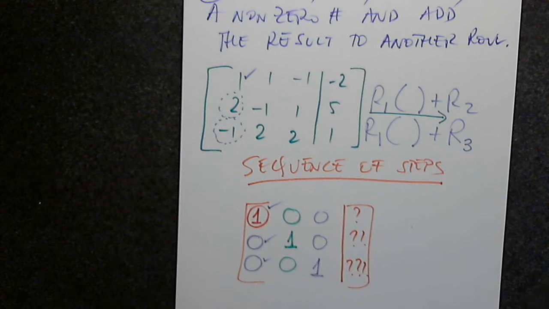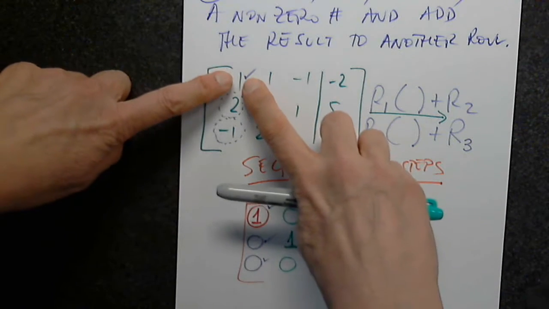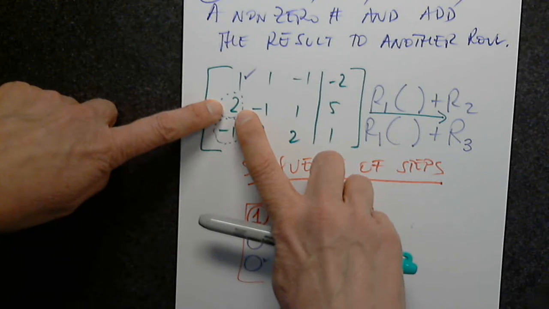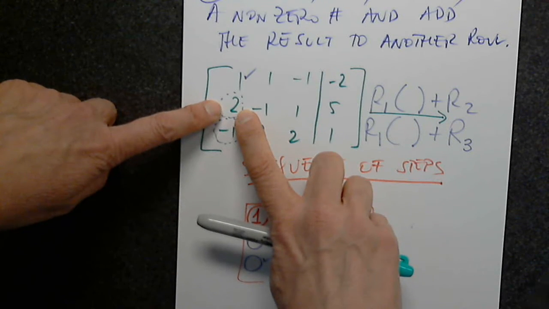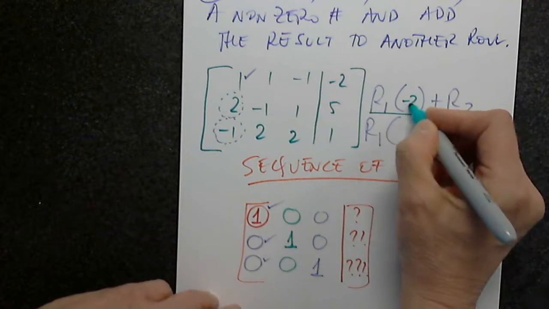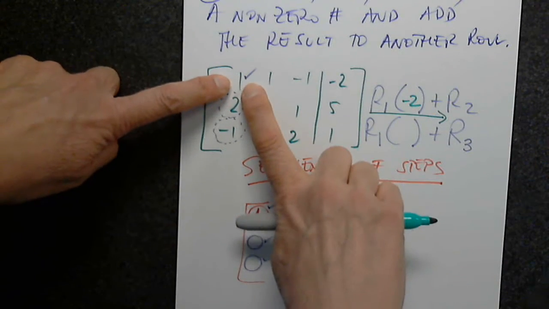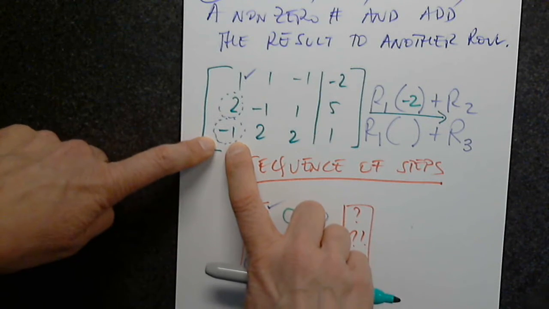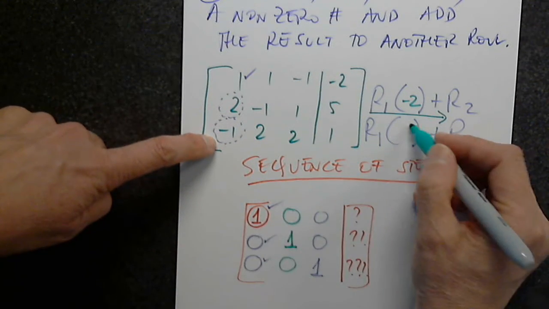So let's do this together. What do I multiply 1 by to add it to 2 so that I get 0 here? Excellent. What do I multiply 1 by to add it to -1 and get 0 here? 1. Excellent.